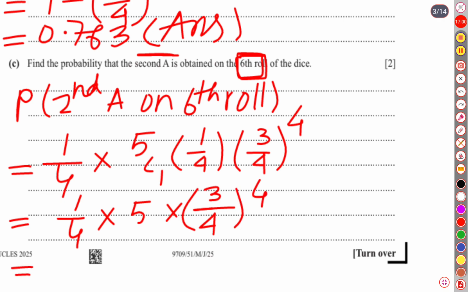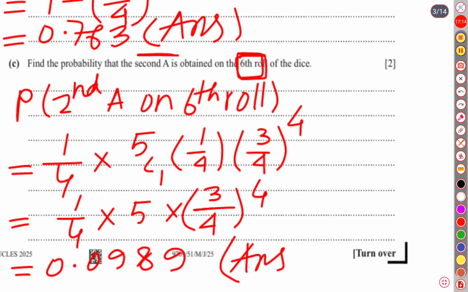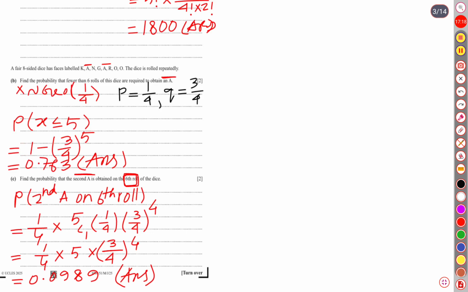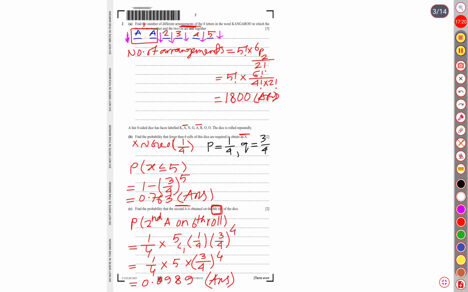Using our calculator, we get 0.0989, rounded to three significant figures. That is our final probability, and that is the whole of the page.